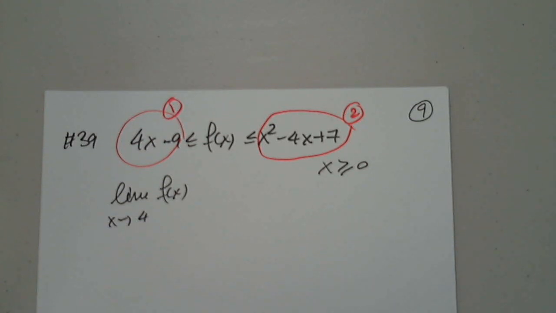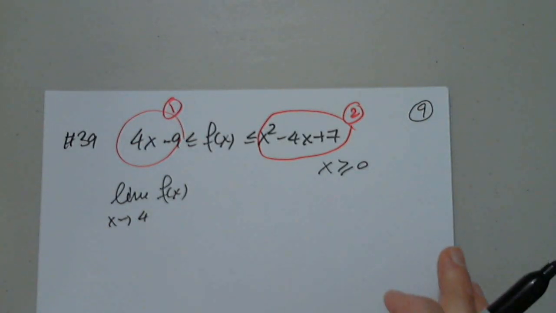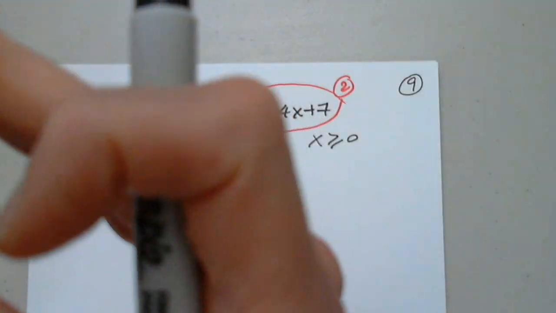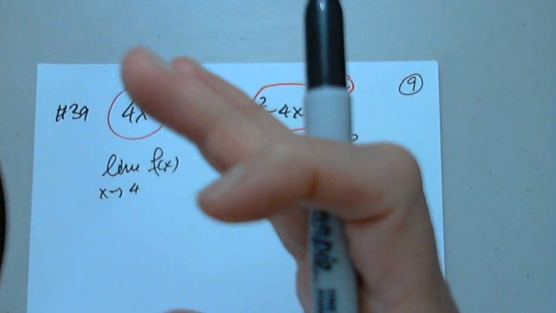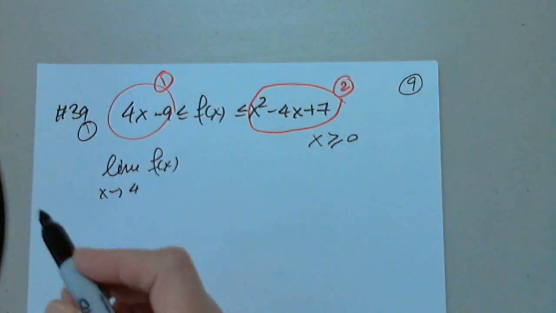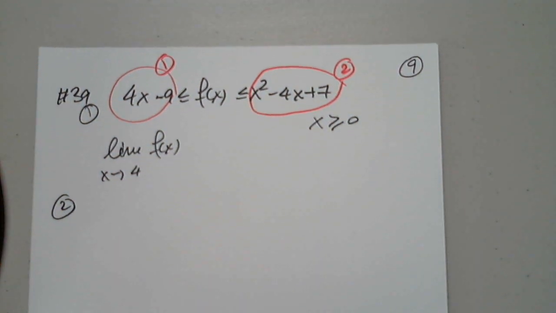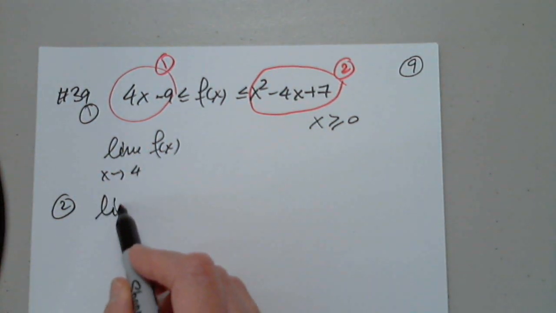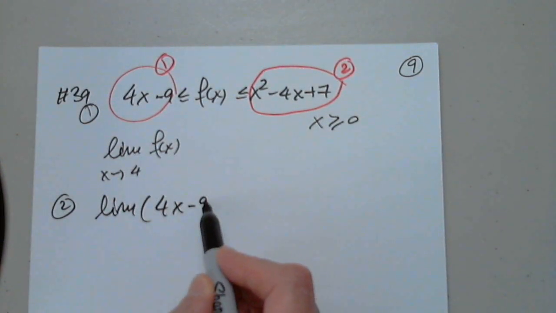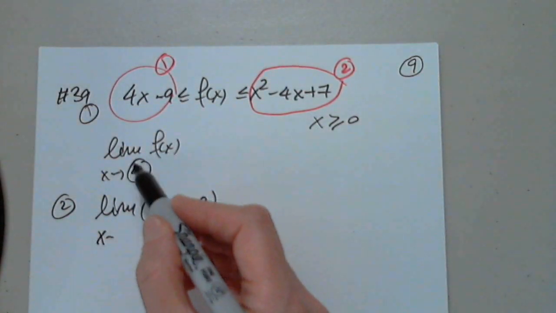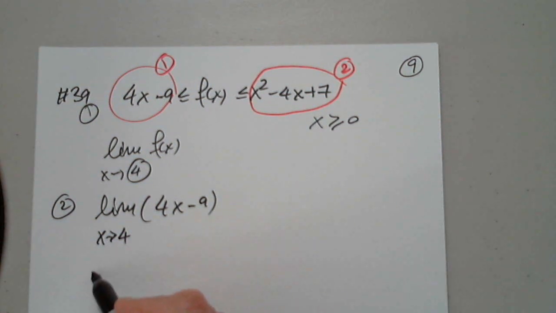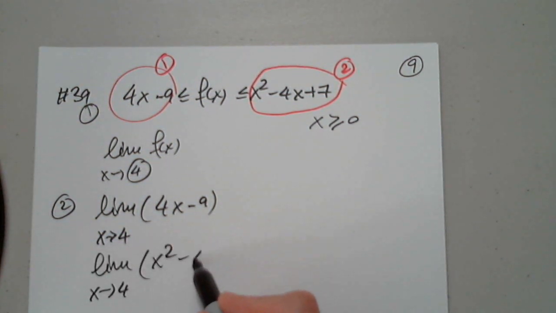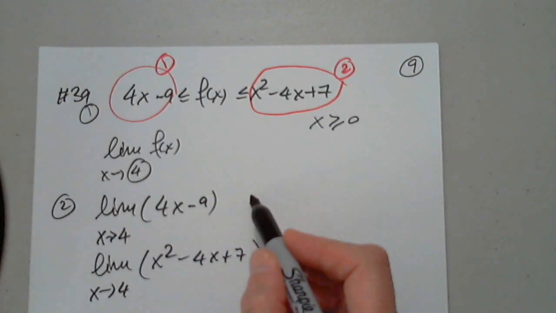What do I have to write to make sure that the second part is there? So part 1 is already there. Part 2, what do I have to write? The limit of each of those. Exactly, 4x minus 9, as x approaches 4, and the limit as x approaches 4 of x squared minus 4x plus 7.